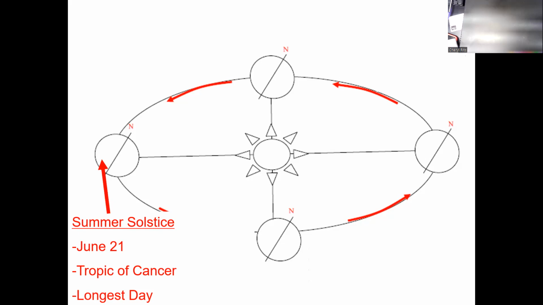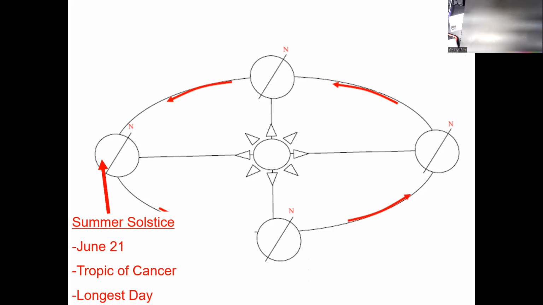During our winter, so December, January, February, it's their summer. It's just opposite. So instead of having winter in December, January, February, they have winter in June, July, August.